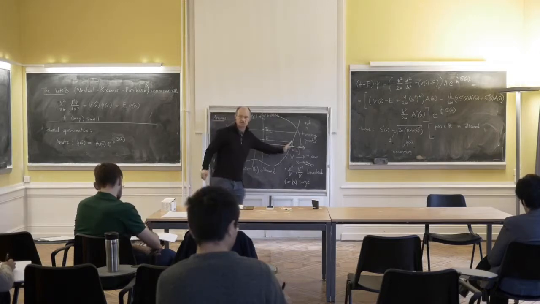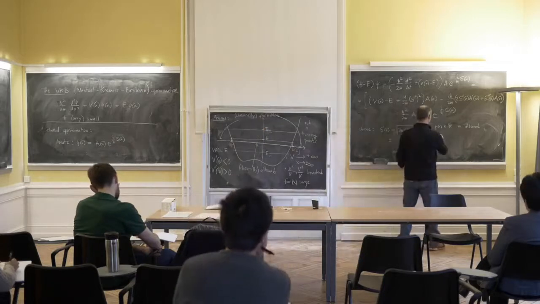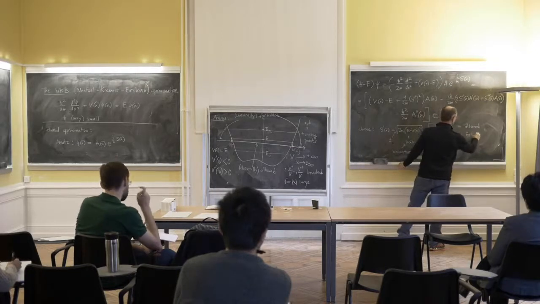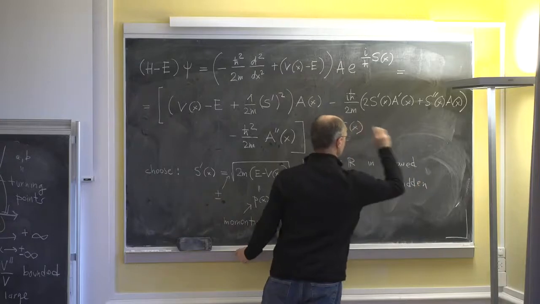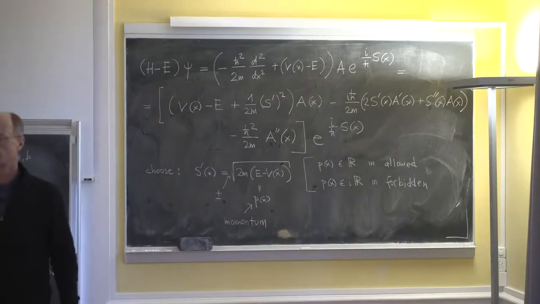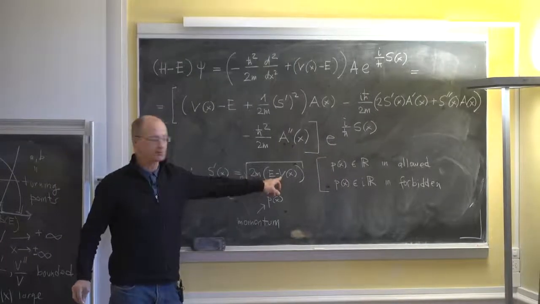So that's this region. And p of x is pure imaginary in the forbidden region. Right, because this expression is negative, p of x is pure imaginary.